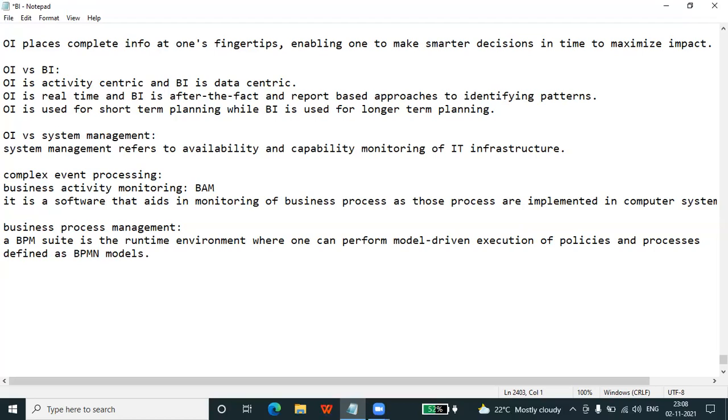Now we will discuss business activity monitoring. Business activity monitoring is a software that helps in monitoring business activities as those activities are implemented in computer systems.